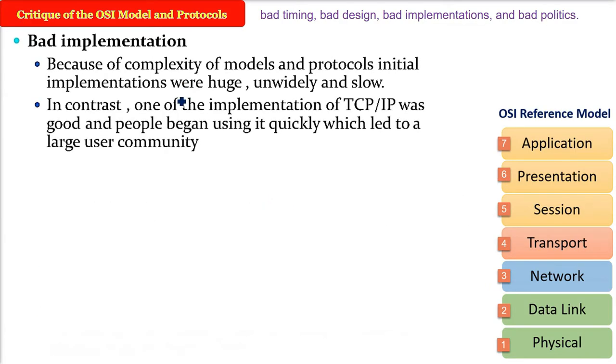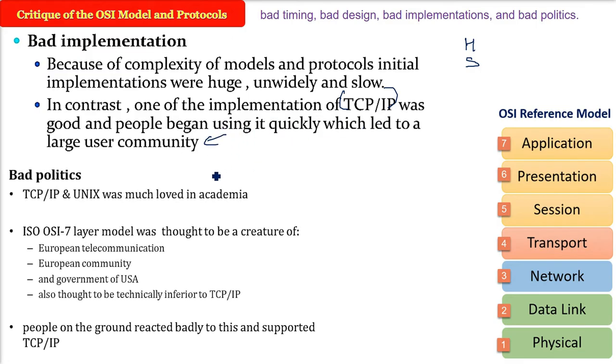Bad implementation: as I said, it was complex, and the initial implementation was very difficult. It was very huge, and it had performance issues, slow and unwieldy. If you compare TCP/IP, the implementation was easy, so people just took it up in no time.